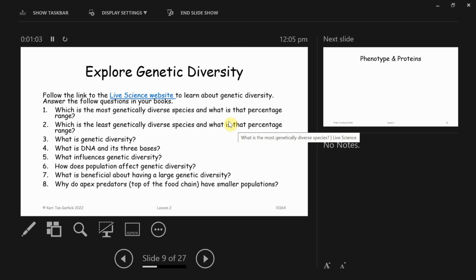You can answer this question either on a piece of paper or in that Google Doc showing evidence of understanding.